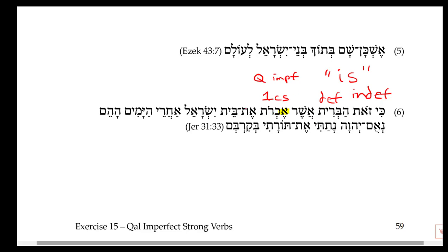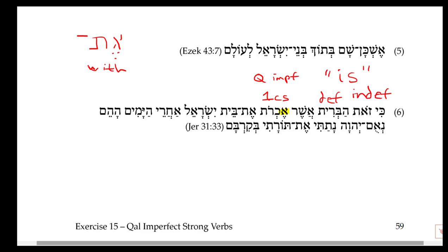And now notice here that we have what could be either a direct object marker or a pronoun. So et, in this case, it got a maqqef after it, so it's going to be a short vowel. That can either be a direct object marker or the preposition with.